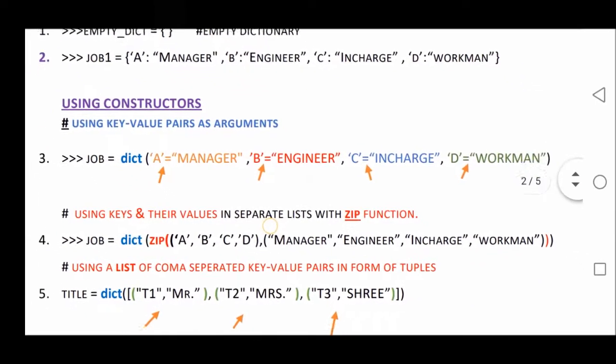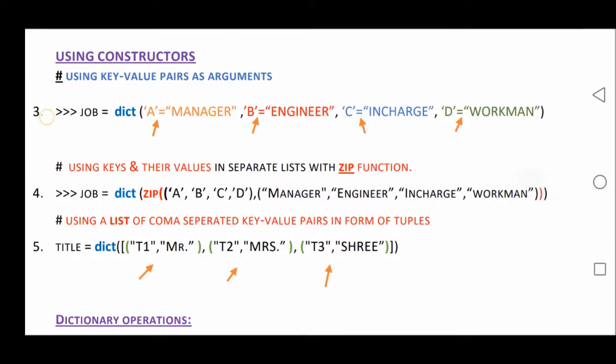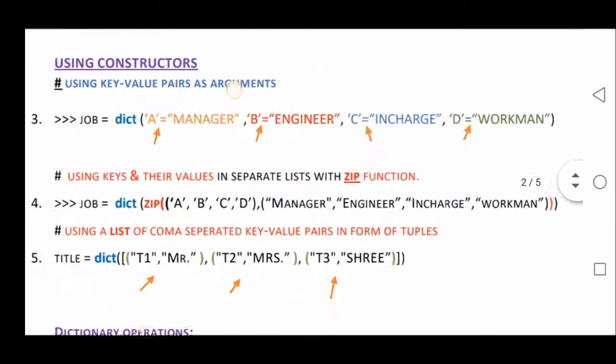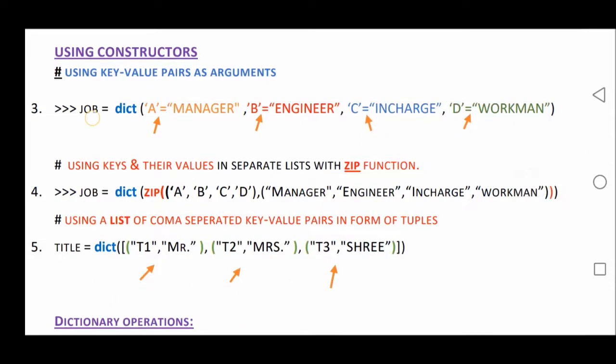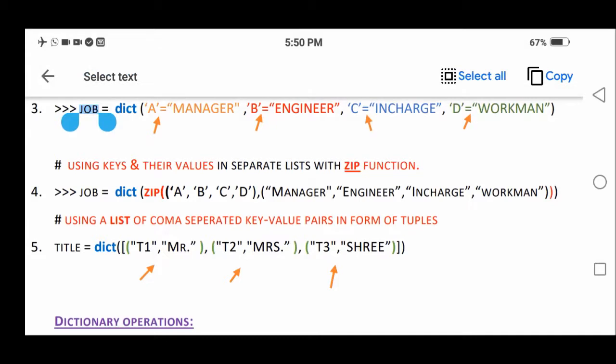Now let's see the third example here. A job dictionary has been created, and the dict function has been used here. This dict function makes use of arguments. The arguments in it are 4 pairs.